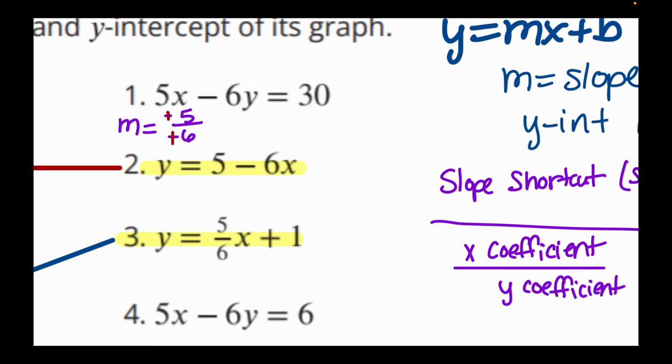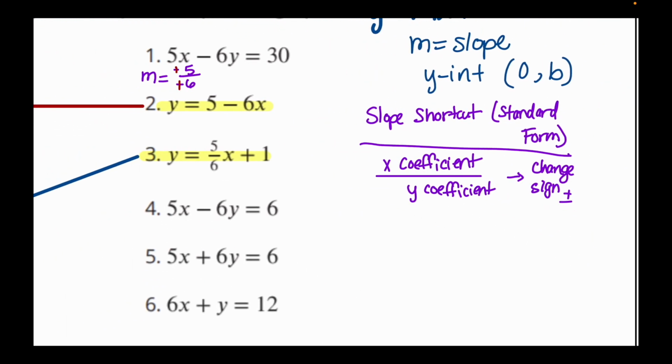And for the intercept, that's going to be the constant term, or in this case, the 30. We're going to take the right side, and you're going to divide it by the y coefficient.